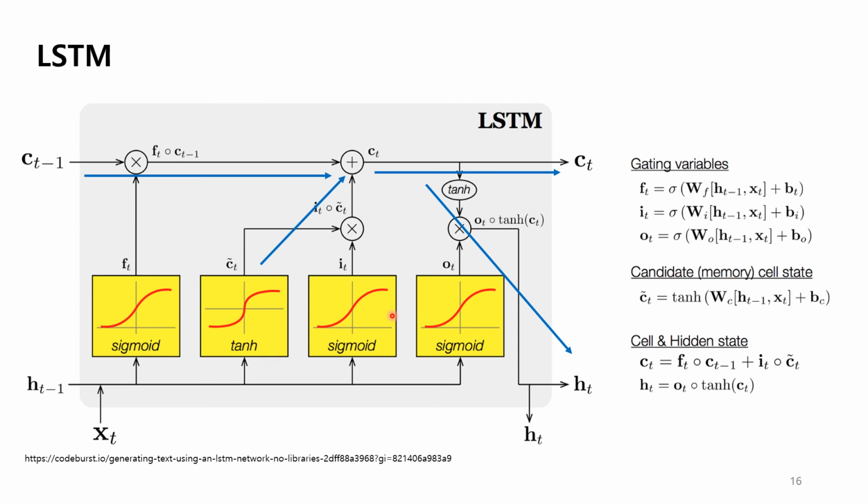The reason they apply sigmoid is that it ranges between 0 and 1. So this gate returns a value between 0 and 1. That's why we apply sigmoid as the activation function of this gate.